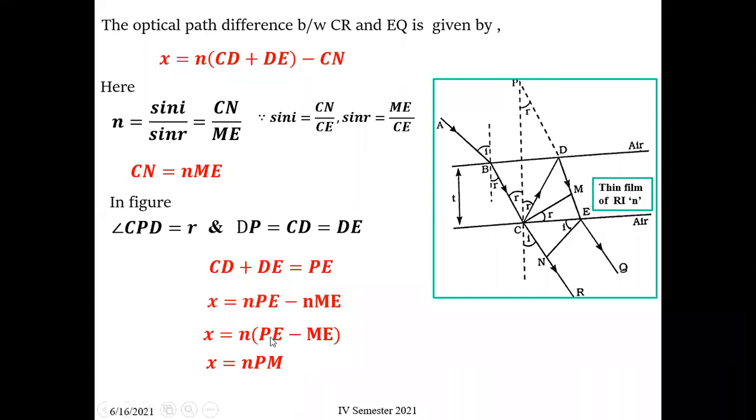So then what is the value of PM? So this is PM. For that, you have to consider the triangle PCM. First, you have to find out the value of PM. PM in this triangle is the adjacent side, right?